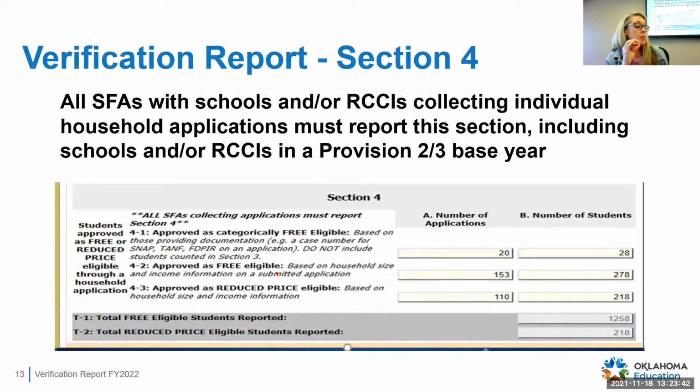So the top one is based on SNAP, TANF, and FDPIR information, but it's on the application, not based on direct certification. It's based on those that gave you an application with SNAP, TANF, or FDPIR. And then approved for free based on income. And then 4-3 is those students that were income reduced. So it's applications and then the total number of students as of the last day of October in column B.